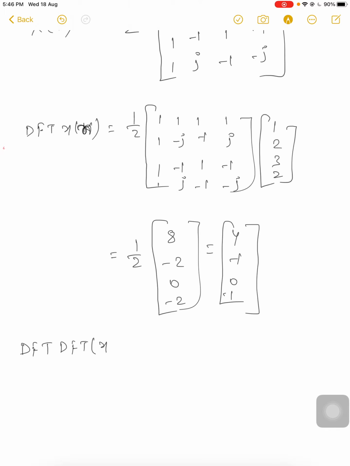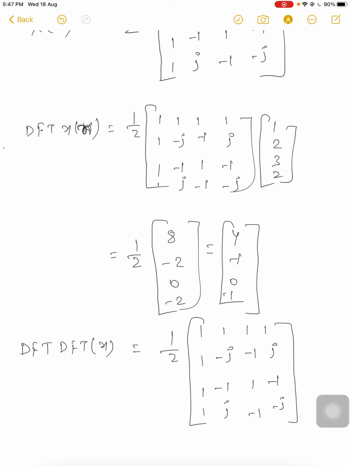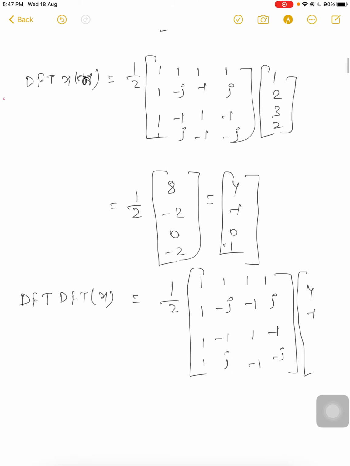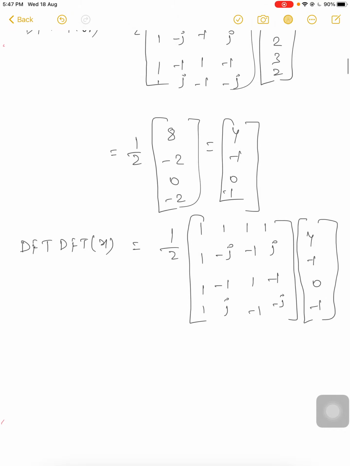After that, the DFT of the DFT of x. So again 1/2 times the matrix 1 1 1 1, 1 -j -1 j, 1 -1 1 -1, 1 j -1 -j, and put in the value 4, -1, 0, -1 and check it.